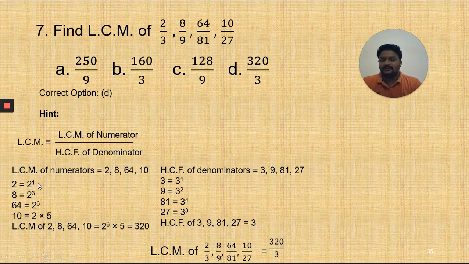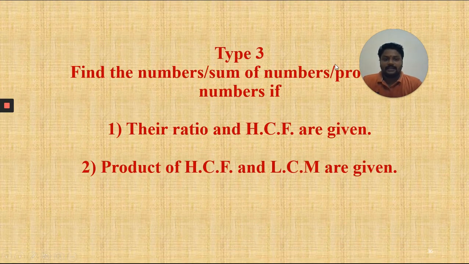Find the values using the prime factorization method. The LCM of 2, 8, 64, 10 is 320, and the HCF of the denominators 3, 9, 81, 27 is 3. So the LCM of the given fractions is equal to 320 by 3. Option C is correct.